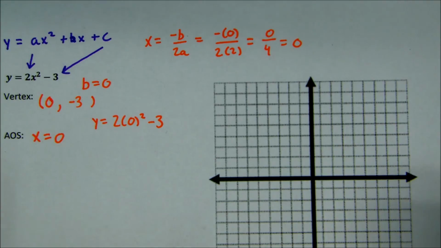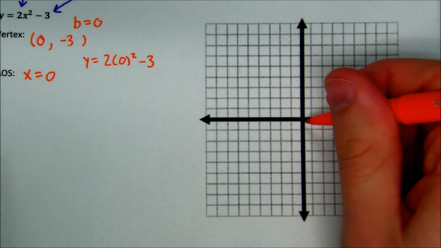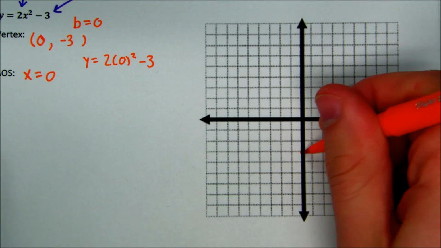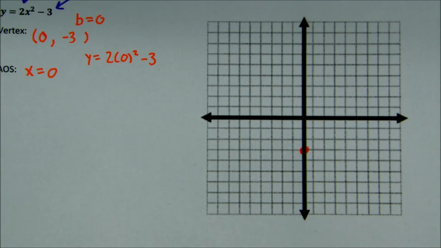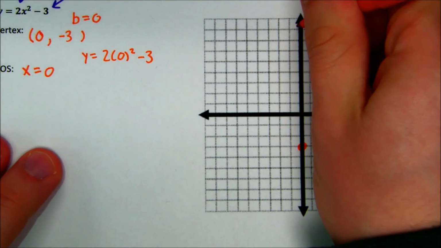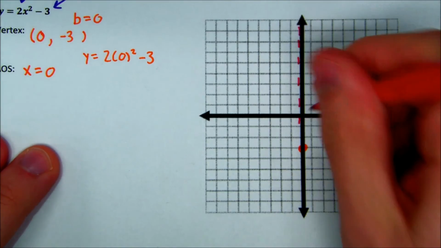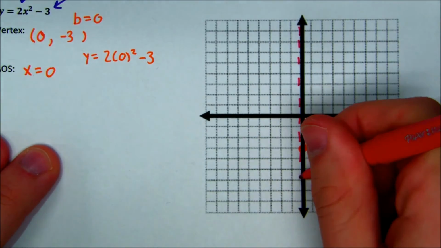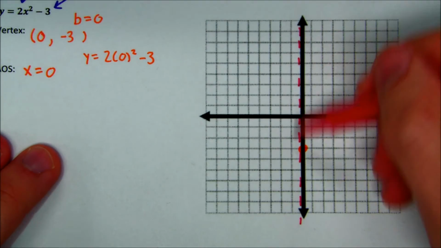So I'm going to go ahead and graph that on my grid here. So 0, negative 3, make it dark so we can see. Let me change colors here. Let's make our axis of symmetry. I'm going to put a little on the side so I can see that it goes through the vertex. So my axis of symmetry is right here. My vertex is there.